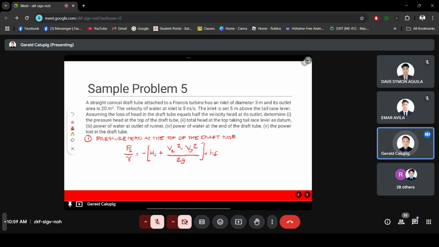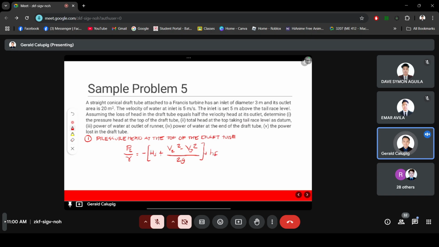Based on the problem, it is stated that the loss of the head in the drop tube equals half of the velocity head at its outlet. So our outlet here is V3, or point 3.